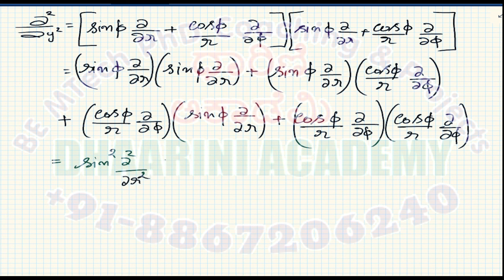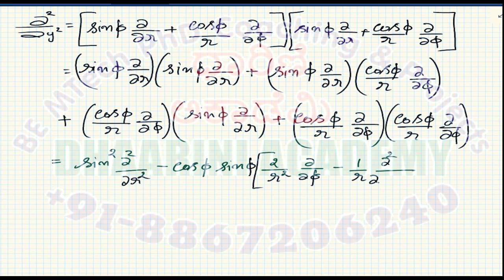Then I take minus cos of phi sine phi. So that is already 1 by r, right? So this is 2 pi r squared divided by dou phi. Keep 1 by r as it is. This is 1 by r. This is dou square by dou phi dou r. Alright, that's the second term.